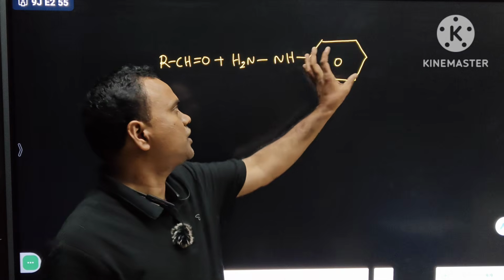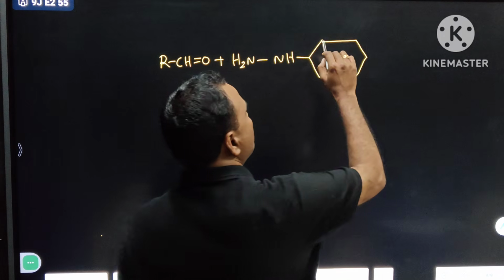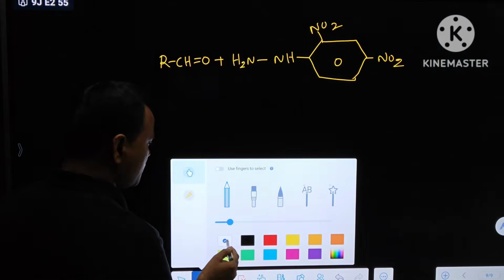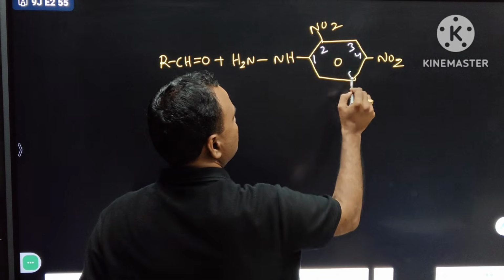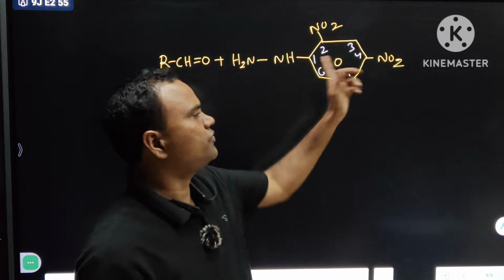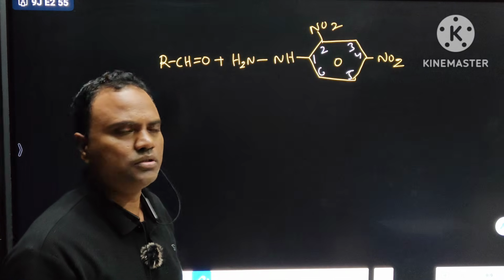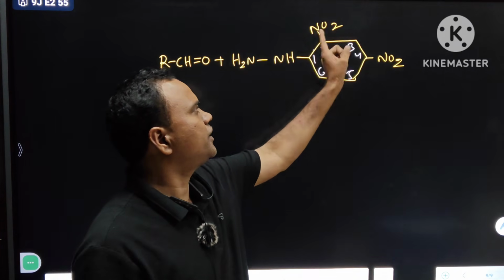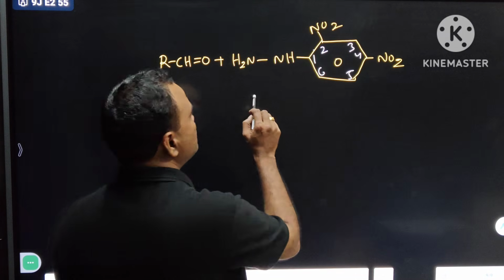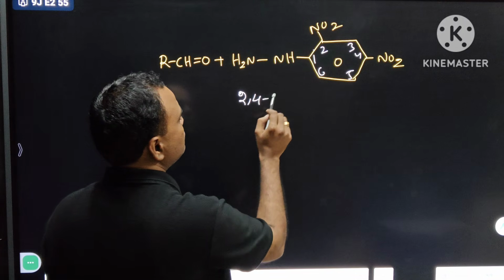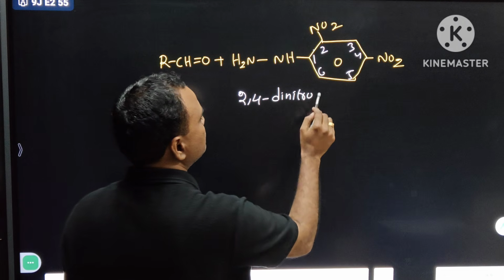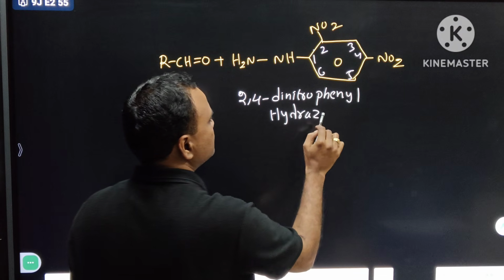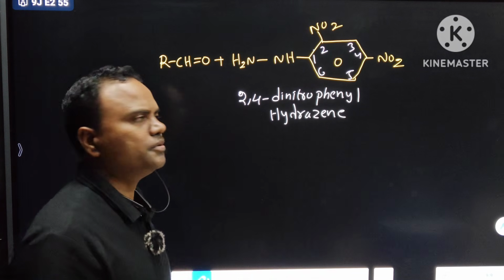You know, this is phenyl hydrazine. Now give the numbering for this phenyl ring. 1, 2, 3, 4, 5, 6. At second position and fourth position, two nitro groups are there. Clear? 2,4-dinitrophenyl hydrazine, commonly abbreviated as 2,4-DNP.